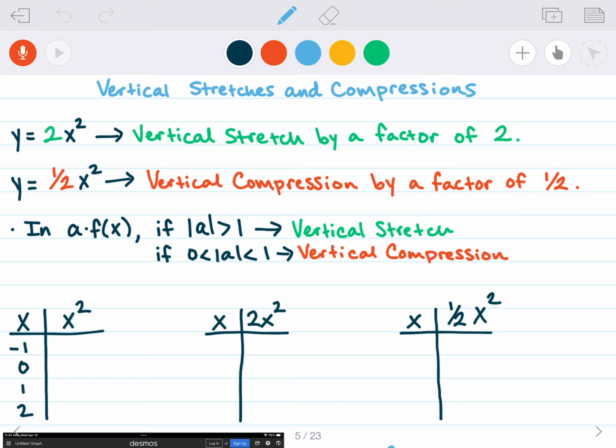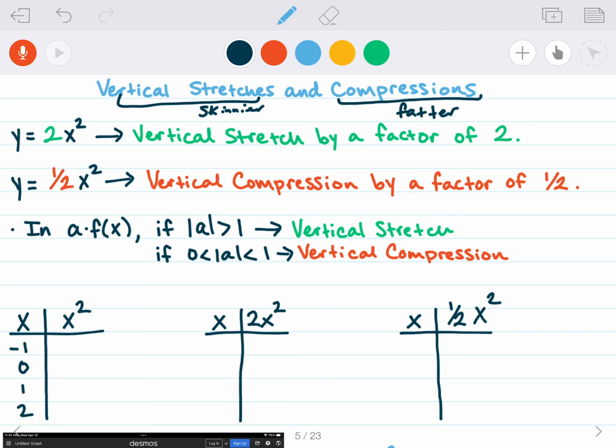What's happening to the silly putty? Well, it's getting skinnier, right? So a vertical stretch means the graph is getting skinnier. And a vertical compression is saying that the graph is getting fatter vertically, if you will.